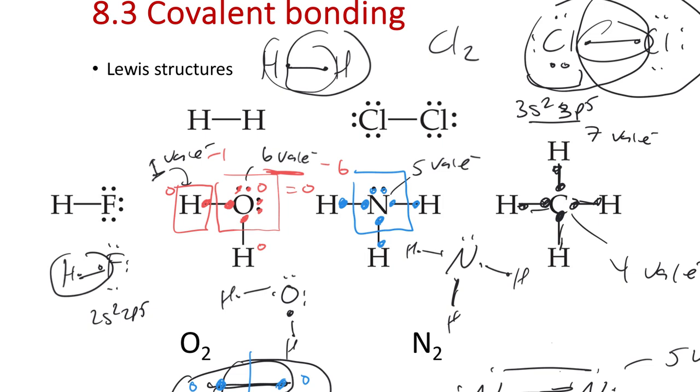For N2, it should be 5 for each of the ends, and each end has 5 electrons closest to it. So 5 minus 5 is neutral for nitrogen. Carbon should have 4 electrons closest to it, and it does have 4 once I break the bonds in half. So the formal charge of carbon is 0 in this molecule.